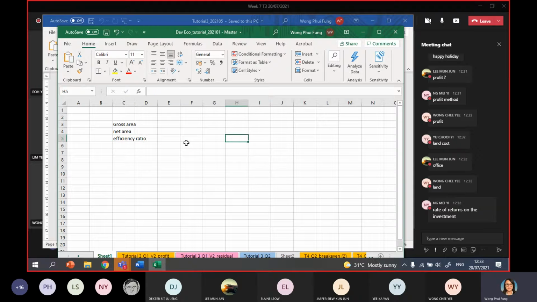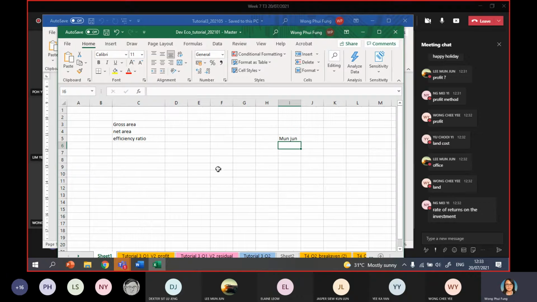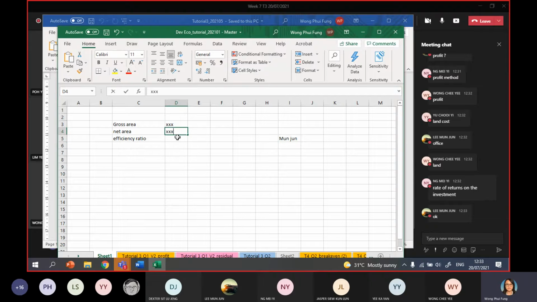Are you okay, Manjun? If you are okay, just type okay so that I know you are here. So question 1 is Manjun: give me the gross area, net area, and efficiency ratio. What is the figure here? Just tell me, you can type in the chat box.